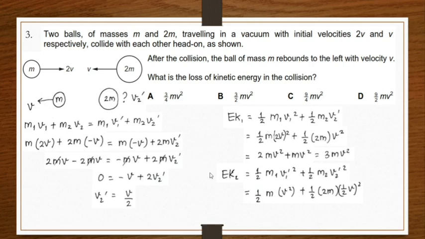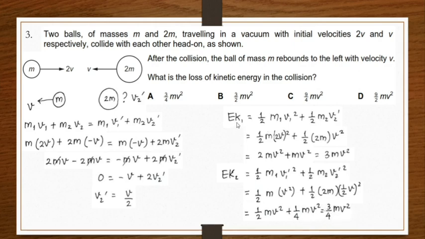We don't have to mind the negative sign because it will be squared, plus a half m2, which is 2m, multiplied by a half v squared. This is v2 prime. So it will be equal to a half mv squared plus a half multiplied by 2 is 1, but a half squared is 1/4. A half plus 1/4 is equal to 3 over 4 mv squared.